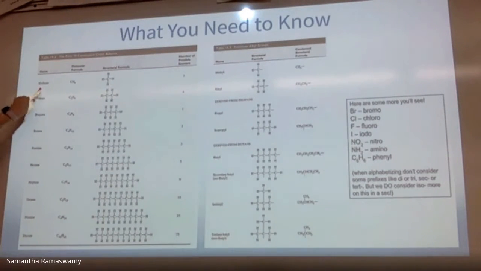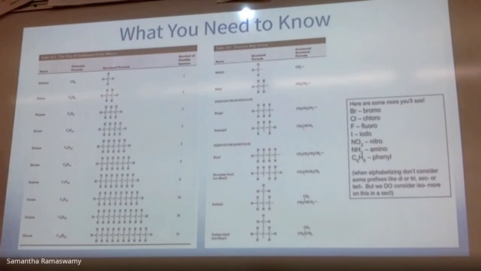It's the gas that comes out of our gas jets. Eth, that's 2. Prop is 3. But is 4. And then we get into the prefixes that hopefully we recognize from naming covalent compounds: pent, hex, hept, oct, non, and dec. These prefixes are extremely important because they tell us how many carbons we have in our longest chain. So you want to make sure that you know those prefixes.